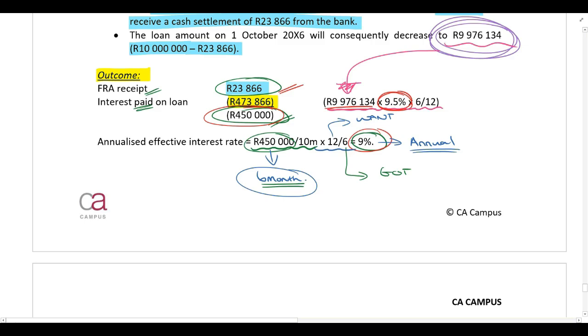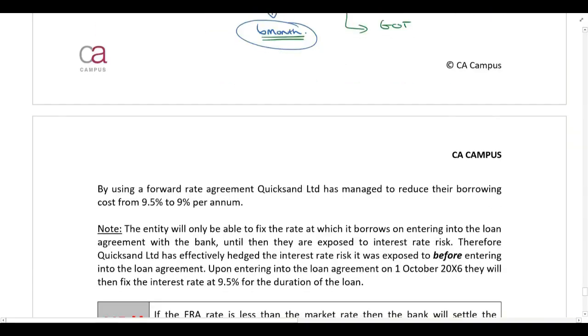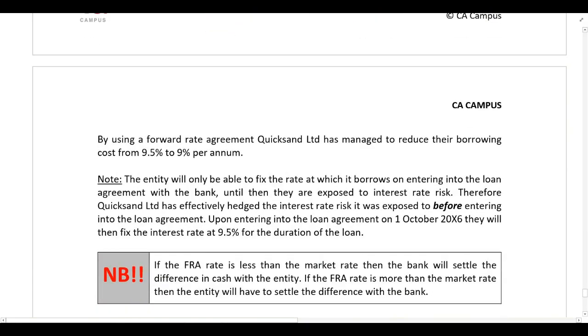So for these 6 months, they pay interest at a rate of 9% instead of 9.5%. And that is because they've entered into a forward rate agreement. So you can see by using the forward rate agreement, they've managed to reduce their borrowing cost from 9.5% to 9%.